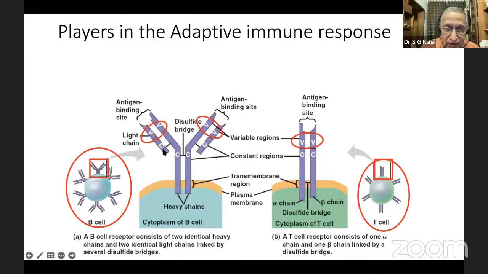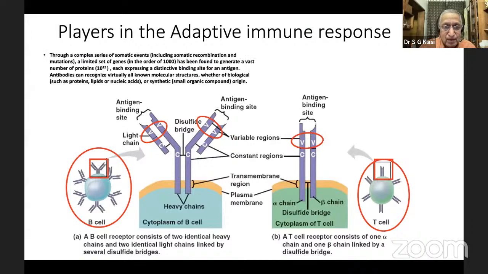There is a part of this variable segment which is called the hypervariable segment. And what is its importance for us today? Because this entire variable segment is encoded by about 1,000 genes, but these 1,000 genes can generate almost 10 million antibodies.